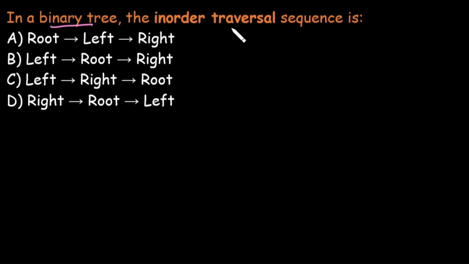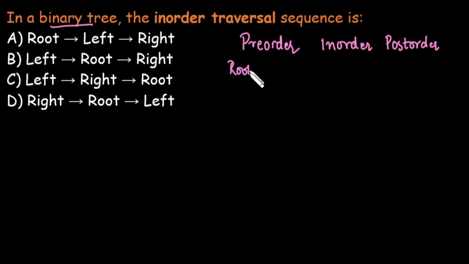And in-order traversal. Basically, there are three traversals. One is called pre-order, second is in-order, and third is post-order. So what is the difference between these three? In pre-order, first we visit the root and then left, then right.